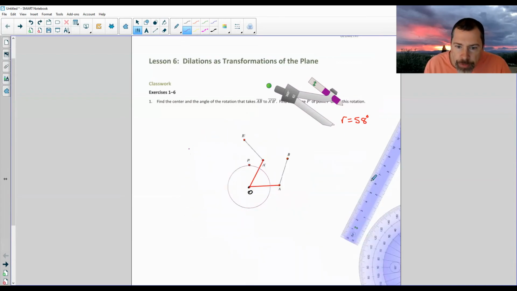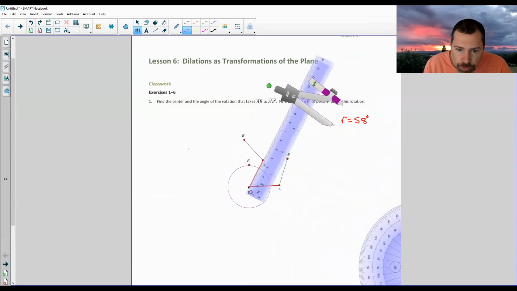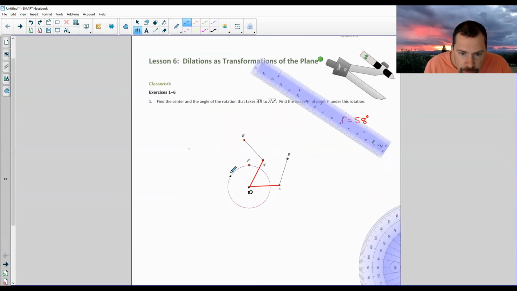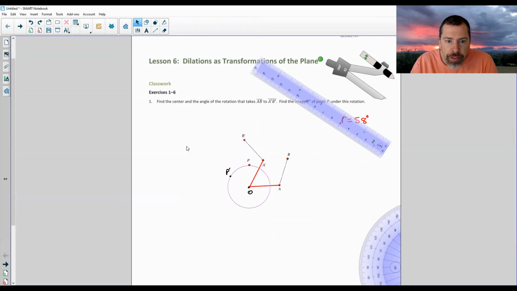So if I move this now and bring my ruler over and rotate it through that point, so I have a line segment going from O through my point of rotation, which is 58 degrees, and I find on the circle where that dot would end up, which is right there. So there is P prime. So now if I erase my constructions, get rid of everything I constructed, the circle, the segments.